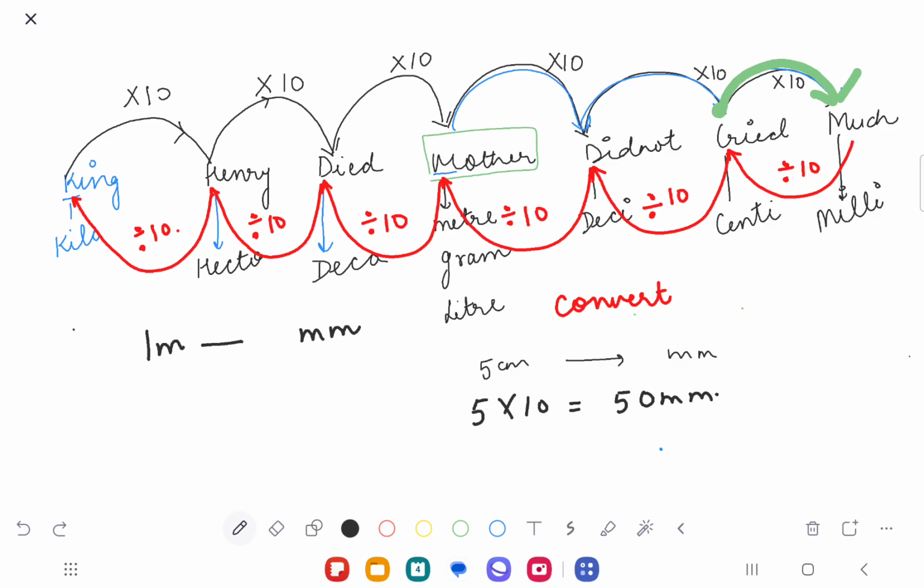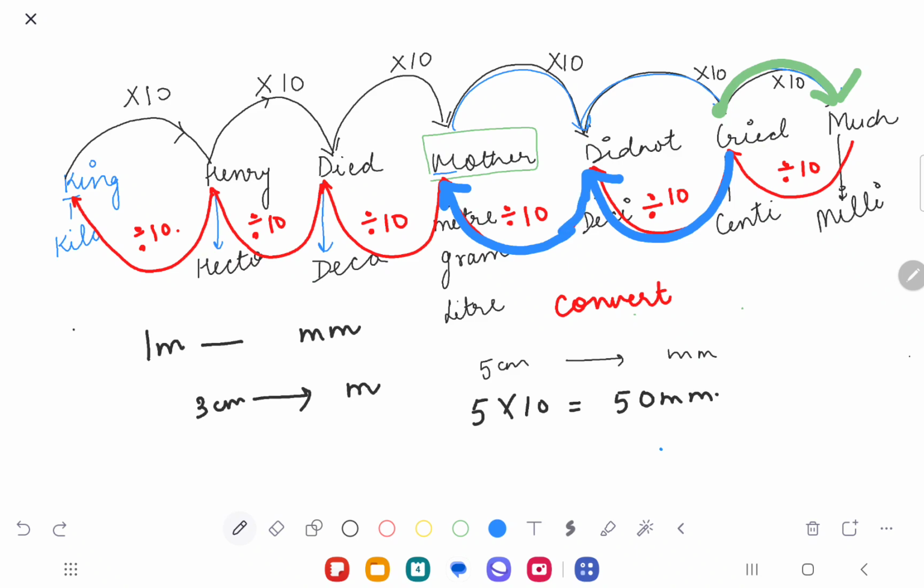Now, if I ask you to convert 3 centimeters to meter, where are we moving? We are moving back, from centimeter to decimeter, and from decimeter back to meter. That's what we are doing.